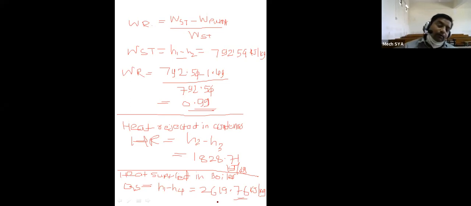Everyone understand? Please write, copy it. I am giving you time, 2 minutes. Understood? Anybody having problem up to this? SSC we'll calculate on next page. SSC means specific steam consumption, and is equal to 3600 divided by W net. W net is equal to W steam turbine minus W pump. So next page we're going to calculate.